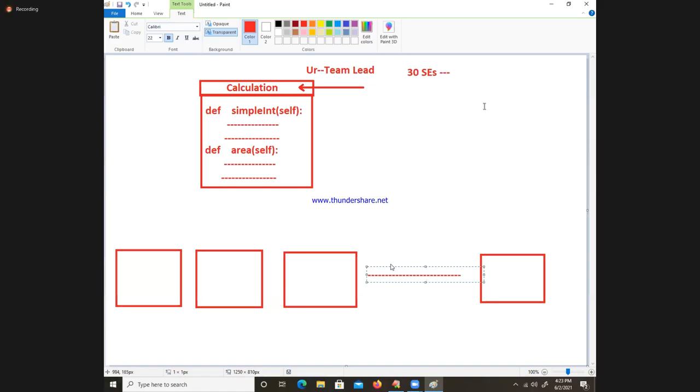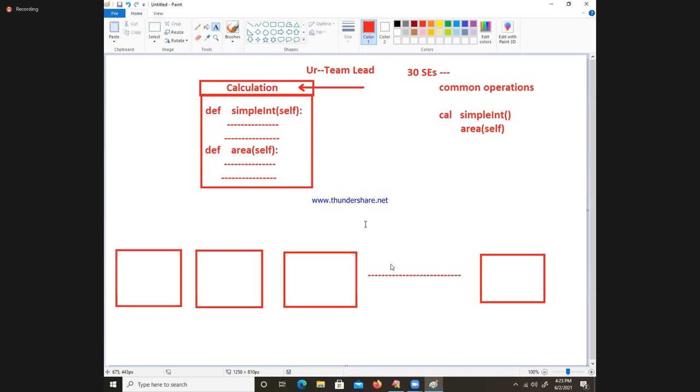See, all these 30 software engineers require some common operations. What is that? Calculating simple interest, plus they want to calculate the area of a certain figure, area of a circle, something like this.